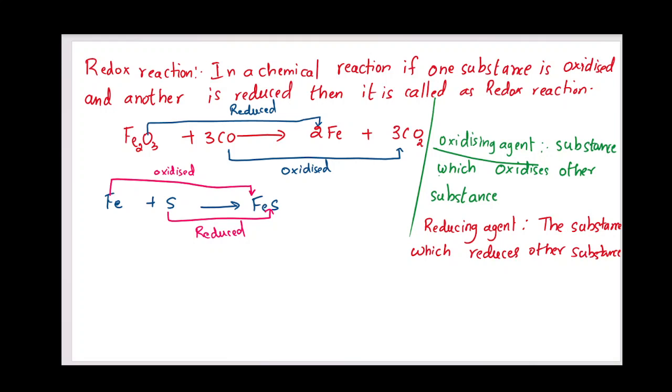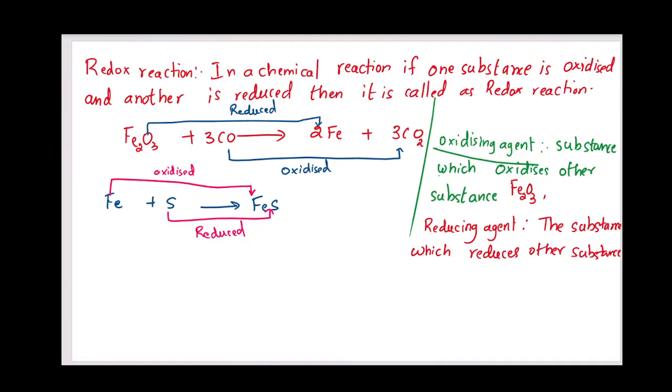So in the first reaction, Fe2O3 is an oxidizing agent. Okay, it got reduced itself and it oxidizes the other. So that is an oxidizing substance or the oxidizing agent, means it itself get reduced. See, it donated its oxygen to carbon monoxide, isn't it.